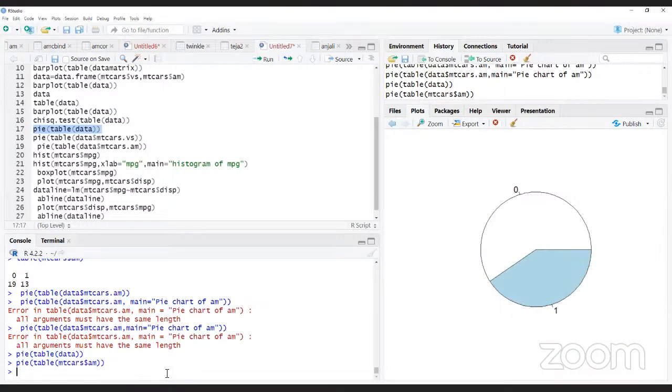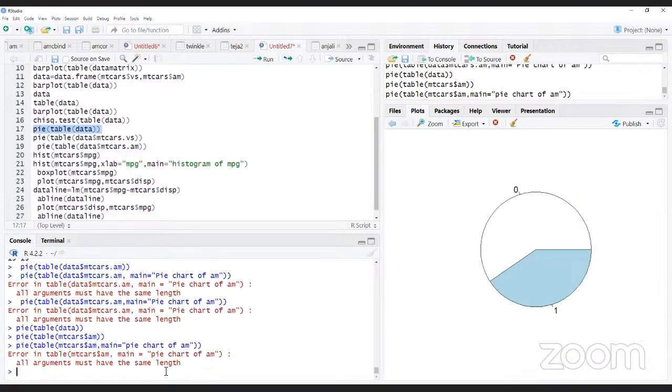So now you can write down the main, after AM. Main equal to in double inverted commas. Maybe after the bracket. No, mtcars dollar AM, after that one bracket. Yes, then you can write down.